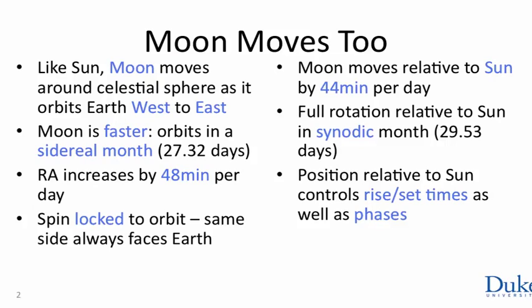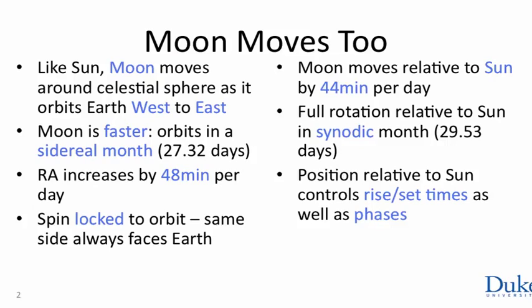There are parts of the moon that are never visible from Earth, and those were first seen or indirectly seen by human eyes when the Soviet Luna spacecraft first orbited the moon. So this is why when we look up at the moon, every time we see it, it has this familiar look. We're always seeing the same side of the moon.